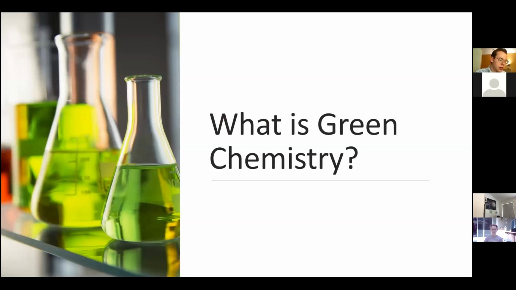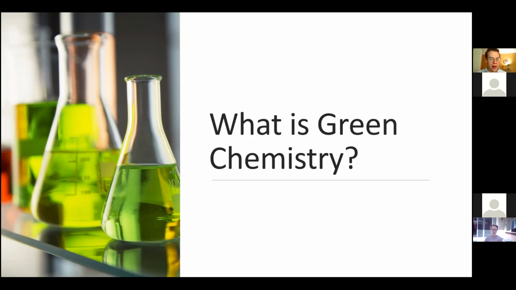This brings me to the concept of green chemistry. So let's start with just what is green chemistry? Green chemistry was the brainchild of a brilliant chemist by the name of John Warner.